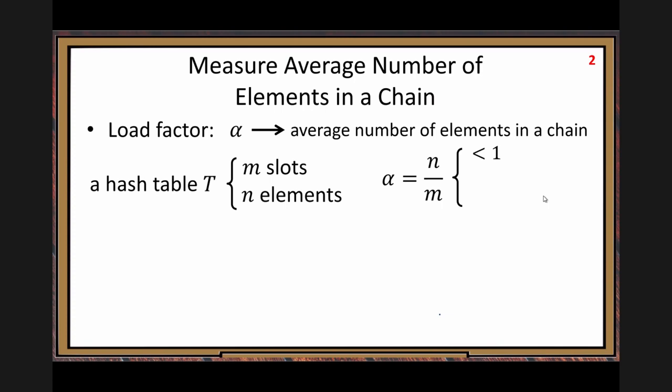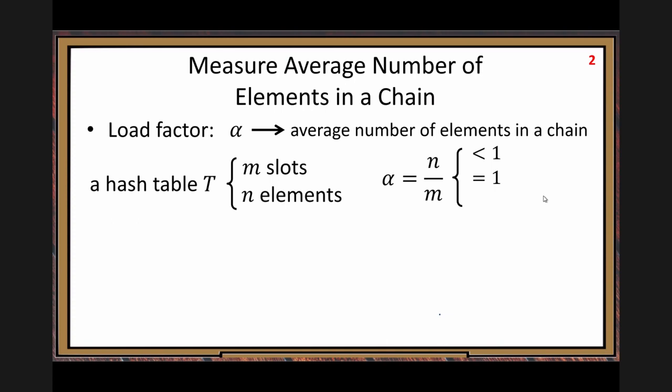All right. Alpha equals 1, so average 1. Ideally all the slots are occupied and no elements are in the linked list. That would be the perfect hashing case.